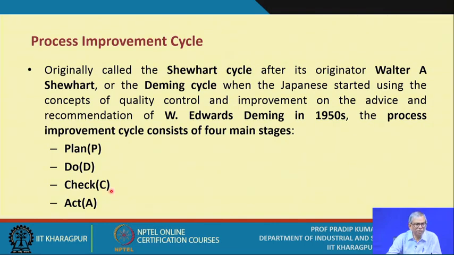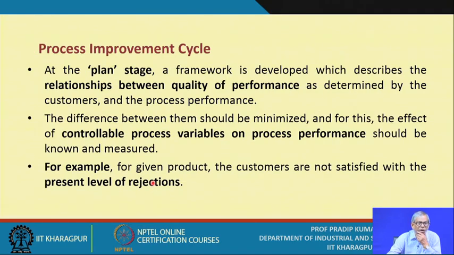And if you find that there is a difference between what you do and what you expect, obviously you have to take some corrective measures. So you have plan, you have do, then you go for verification or the checking, and the last one is acting. So this is sometimes also referred to as PDCA cycle. Okay, so this is an improvement cycle, and sometimes this is also referred to as the quality improvement cycle.